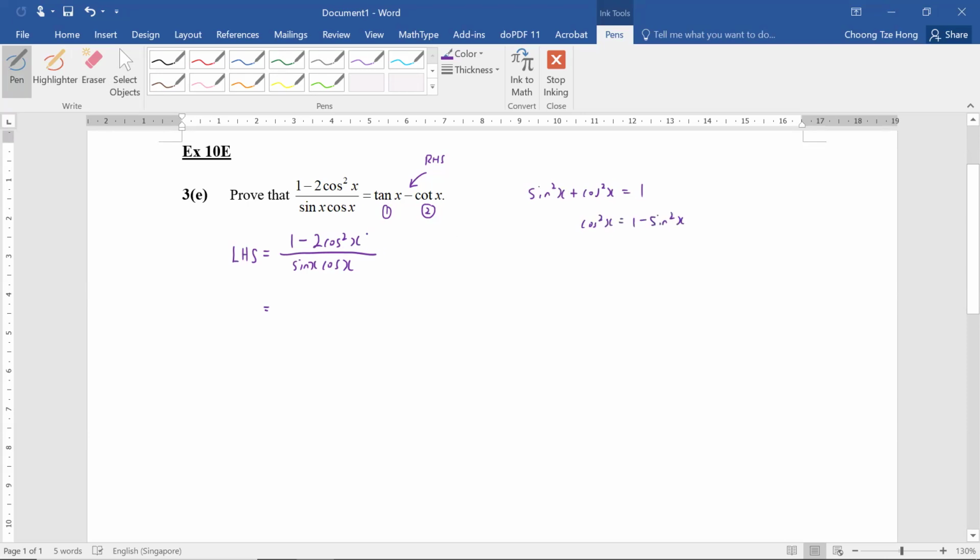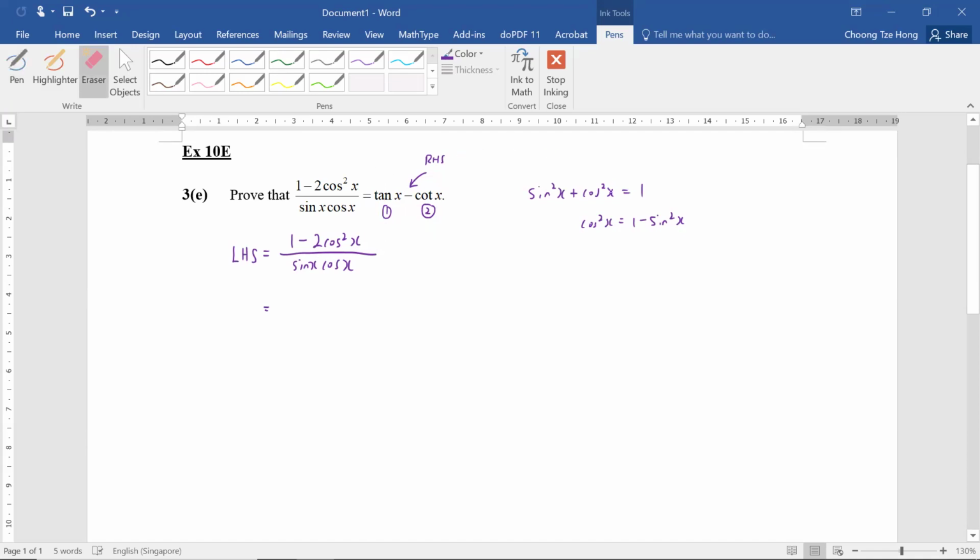If you replace cosine square x with 1 minus sine square x and expand, you will get 1 minus 2 plus 2 sine square x, which is almost a similar form. When you try to split it up, you won't be able to get tangent x minus cotangent x, so that would not be a suitable substitution.